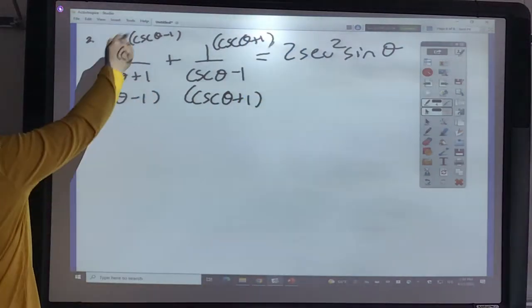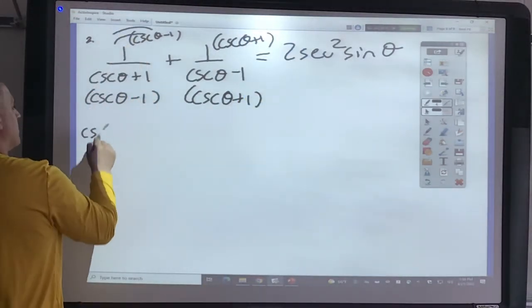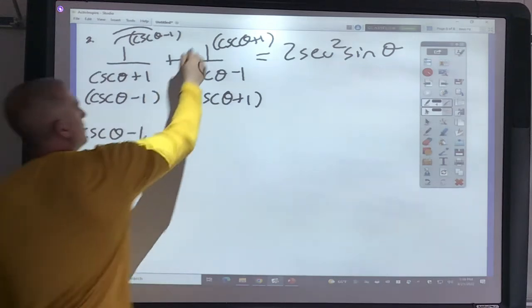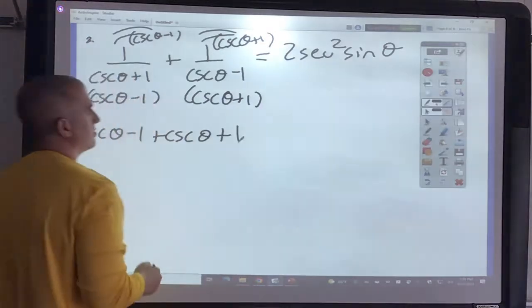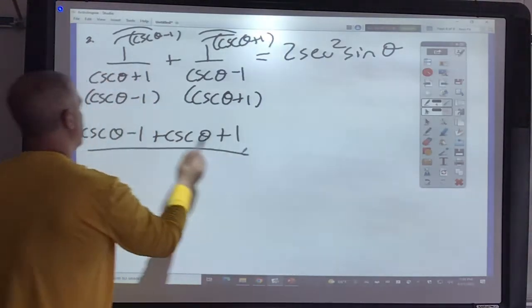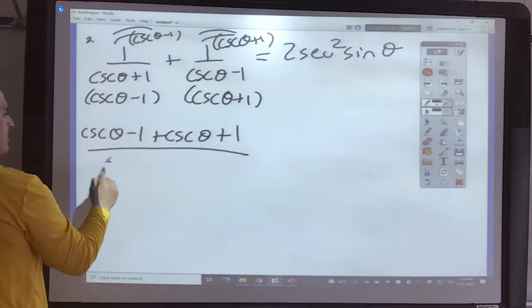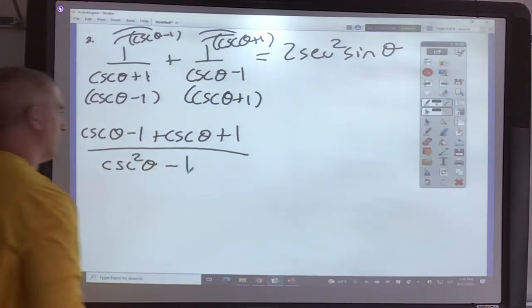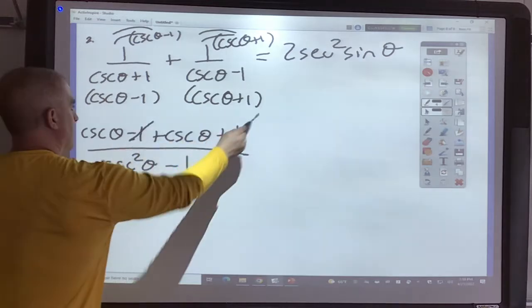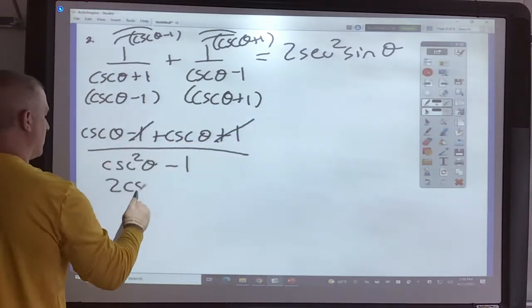So I distribute that. That's cosecant theta minus 1. That's cosecant theta plus 1. All over cosecant times cosecant is cosecant squared. Negative 1 times 1 would be negative 1. Now, the 1's cancel out here. I got 2 cosecant of theta.